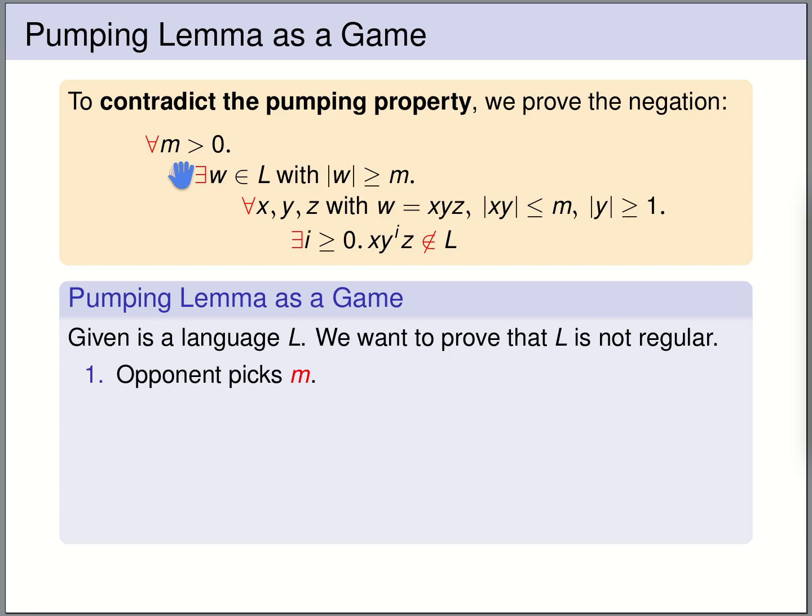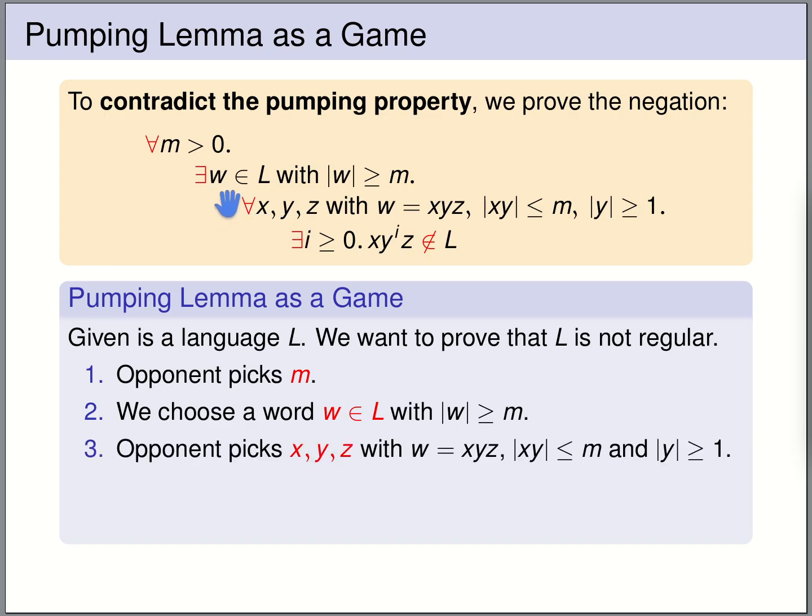This existential quantifier means we are allowed to pick a word w that has at least length m. Now, it's again the move of the opponent. The opponent chooses the decomposition of w into x, y, z. But the opponent is forced to pick a decomposition that fulfills these properties, namely the length of xy is at most m and y has at least length 1.